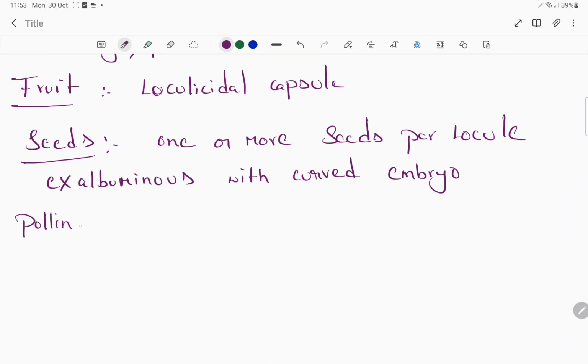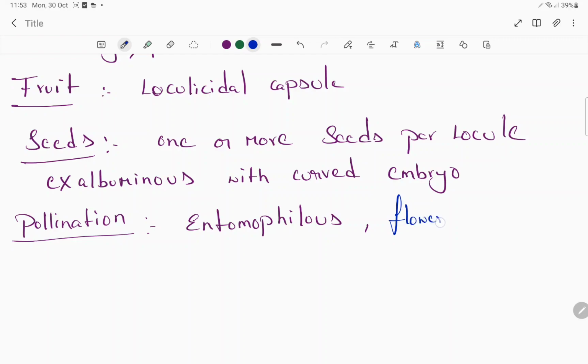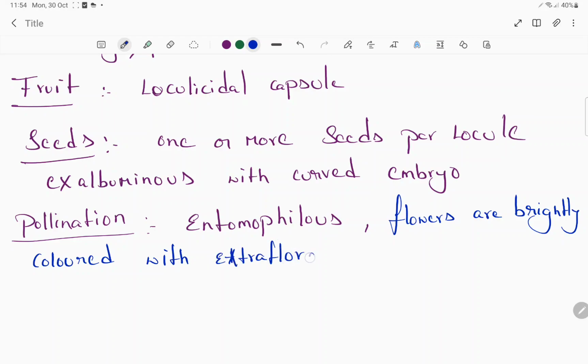Pollination is mainly entomophilous. So flowers are brightly colored, with extrafloral nectaries.